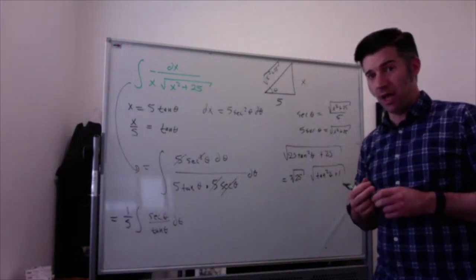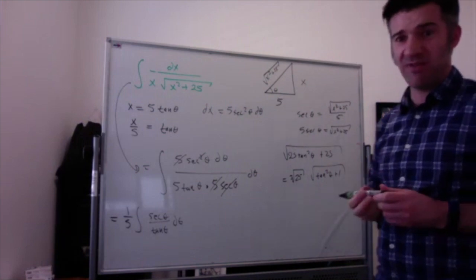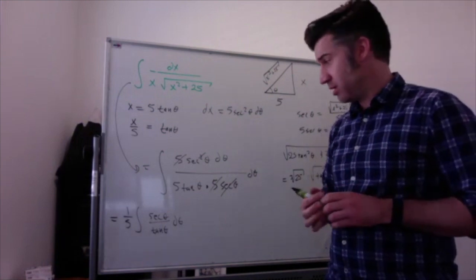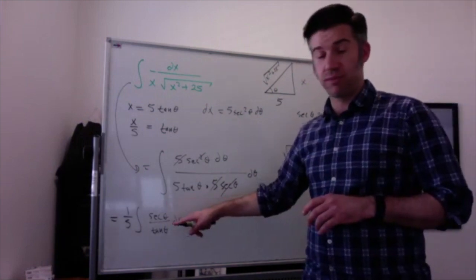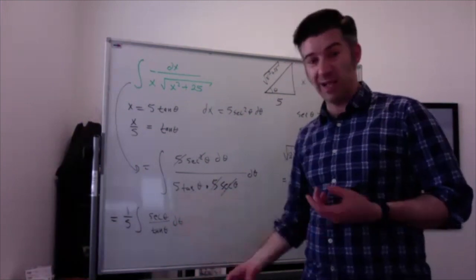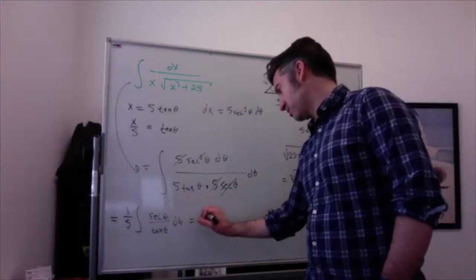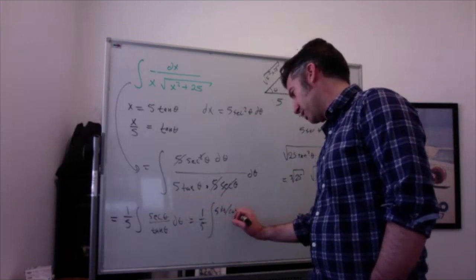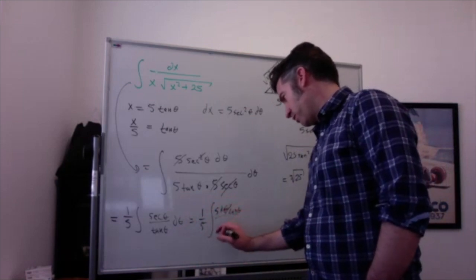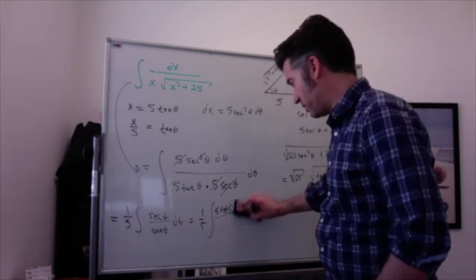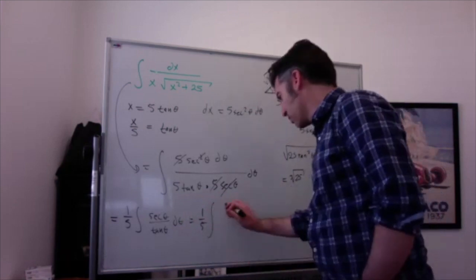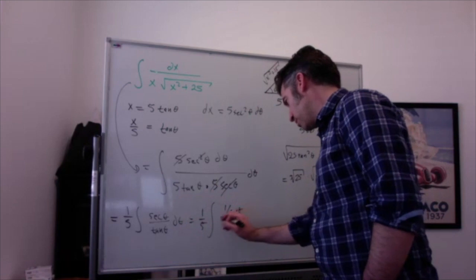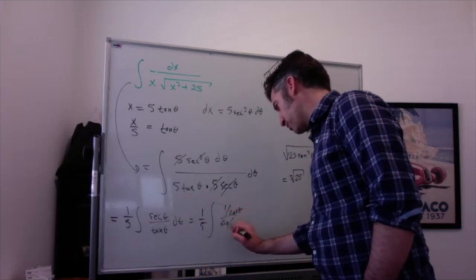When I'm at a loss, I typically start thinking of things in terms of sine and cosine. So secant is 1 over cosine. Tangent is sine over cosine. So I can write this as 1/5 integral of 1 over cosine over sine over cosine.